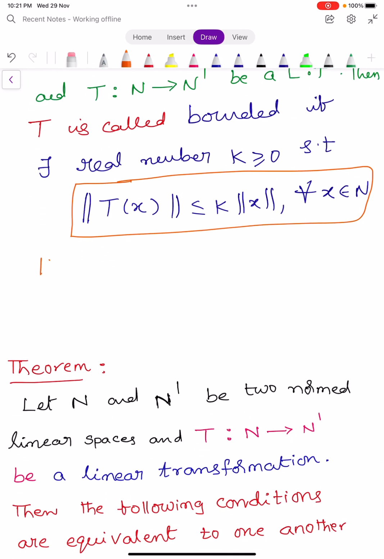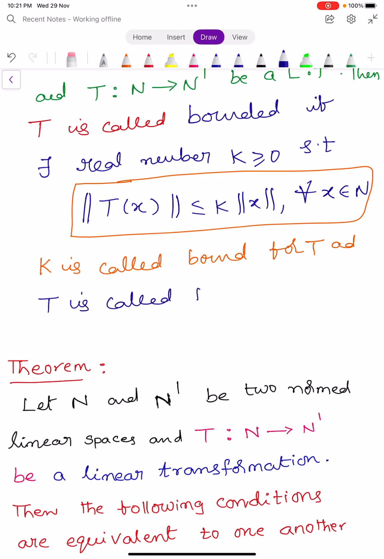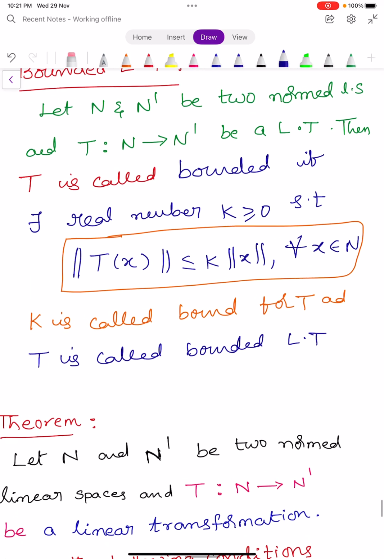Here capital K is called bound for T, and T is called bounded linear transformation.